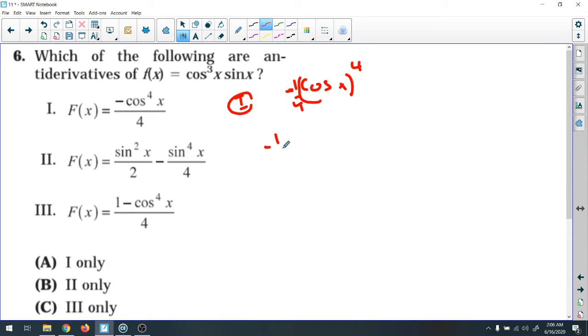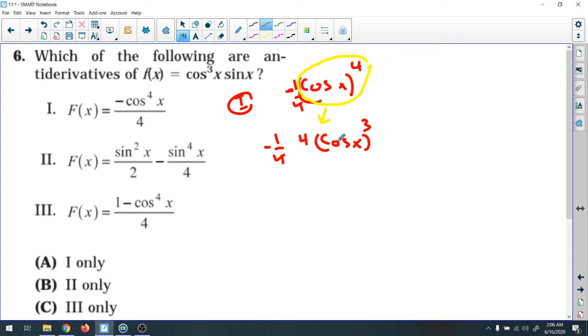Then you look at the function, cosine x to the fourth. First, you drop 4, and then times cosine x, with exponent 4 minus 1 is 3.